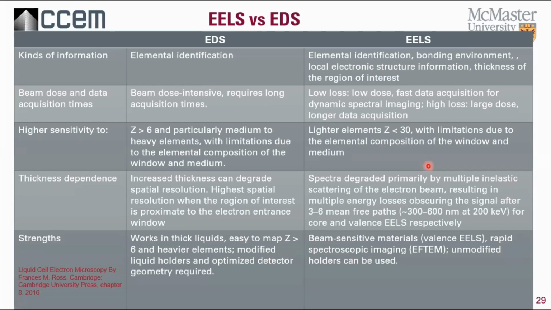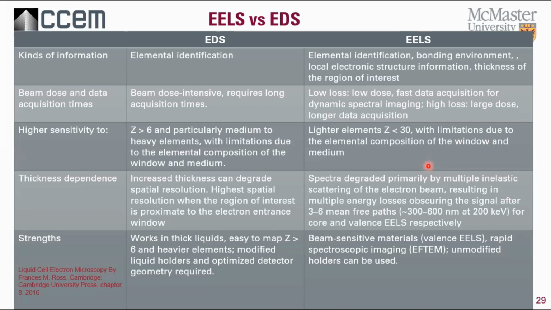If you need to choose between these two analytical techniques, this table might help a bit. Before you start, you need to know what elements you have. You also need to know the thickness of your sample. If the thickness of the sample is more than 3 mean free paths, it will be impossible to do core loss yields, but it will be okay for the EDX experiments.